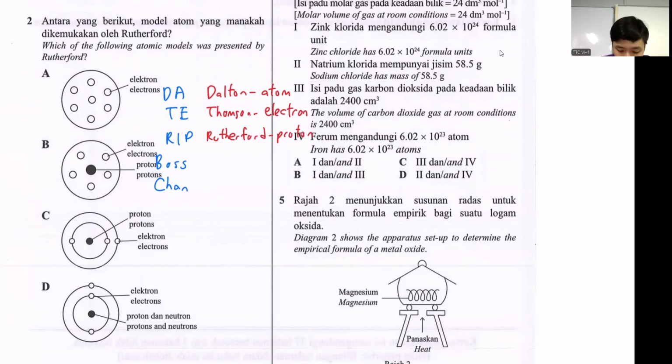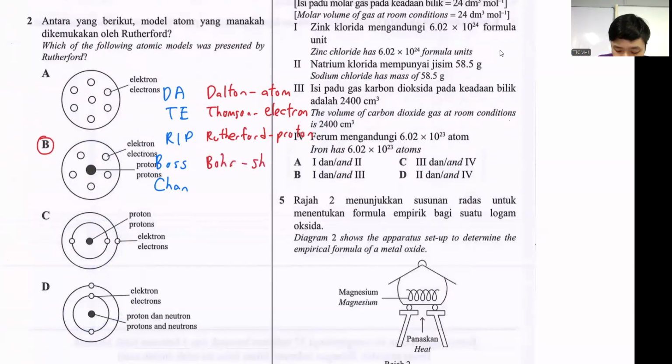So you find out the ones that have a proton are B, C, and D. But until Rutherford, we only have atom, electron, proton. So the answer should be B. Then Bo is Bohr.